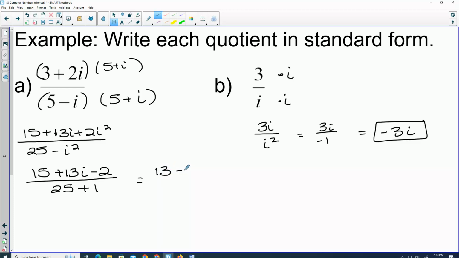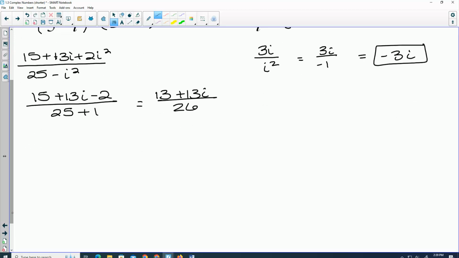We get 13 plus 13i over 26. Technically, is that standard form a plus bi? Not really, because it's all mushed in one fraction, but we can break it apart. If you just think of each one being over the denominator, 13 over 26 is 1/2.